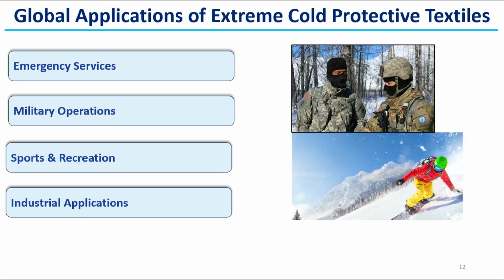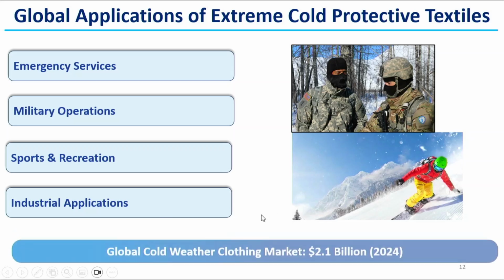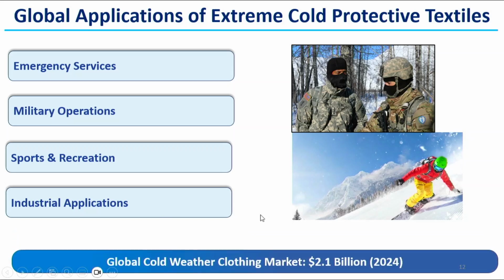Sports and recreation activities need it too. Industrial applications are there, like the cold storage we have mentioned and different types of industrial applications. The global extreme cold weather clothing market is typically more than $2 billion if we see the data of 2024, and it is gradually increasing.